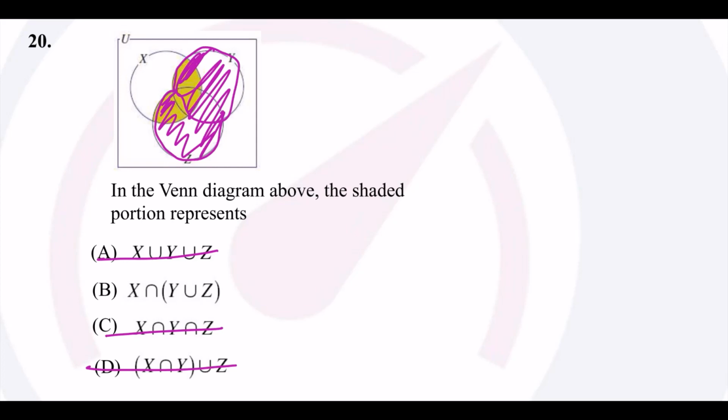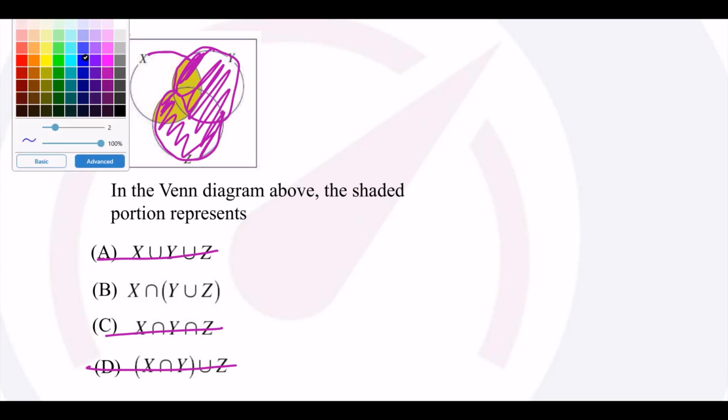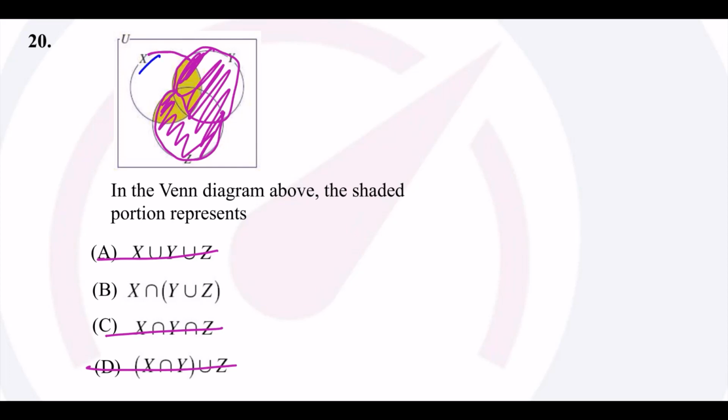So, if all of that is Y union Z, then we will let X intersect it with, let me change my ink now. Let's look at blue. That means that when X intersects it, it's going to be, sorry, shaded incorrectly.